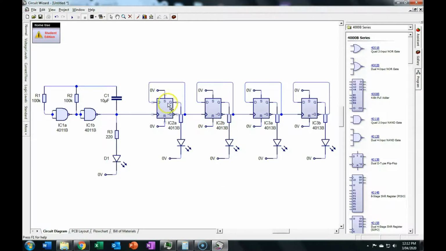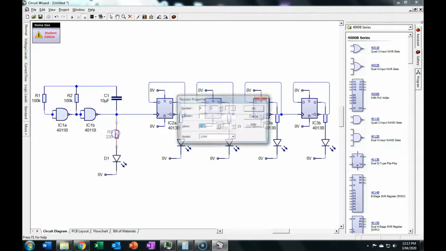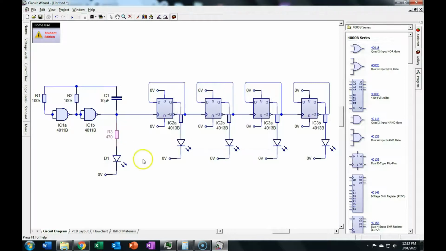And so one of the things that they say with the output current is that it can only provide a certain amount of current, and the reality is that it usually can provide much more than that. So let's make that 470. So we're really just looking for whether it's bright or not.